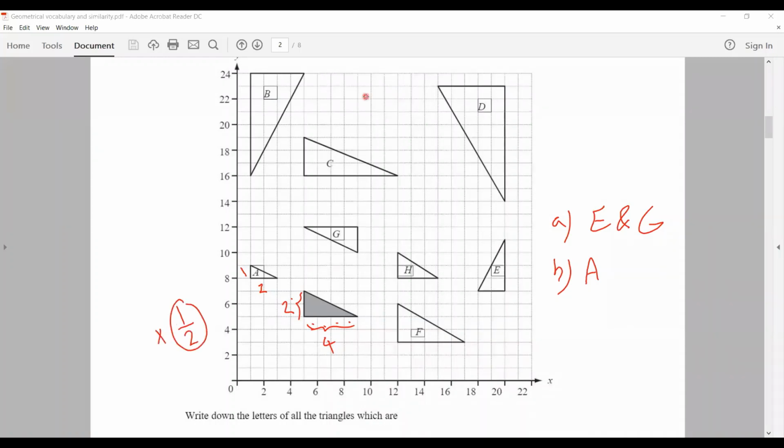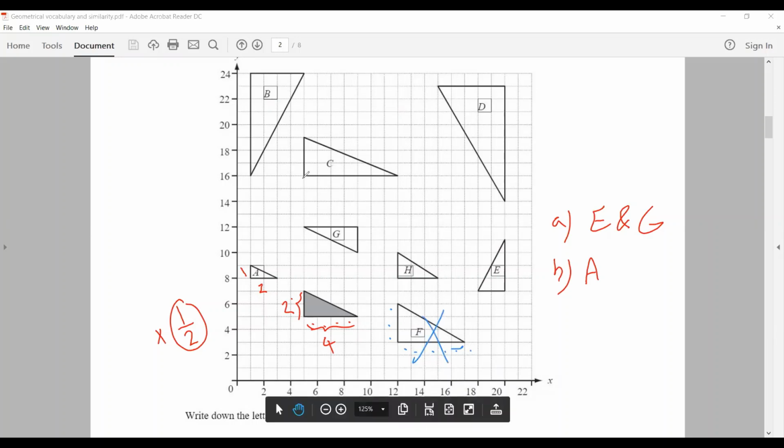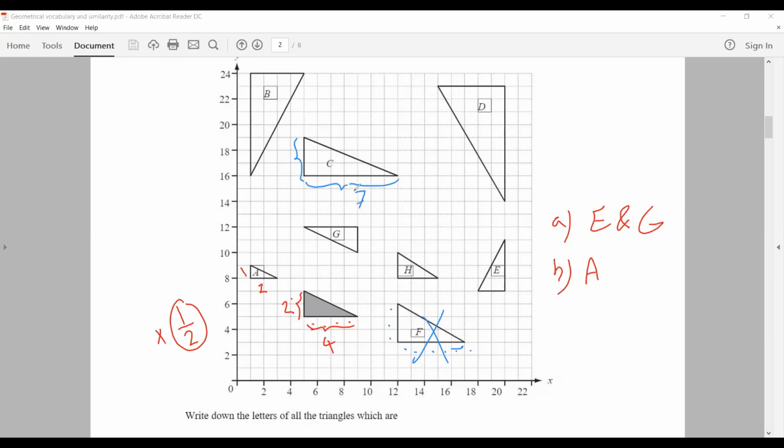What else? F is not, because this is 3, right? You're multiplying 2 by 1.5. That gives us 3. But if you multiply 4 by 1.5, that should give us 6, not 5. So F is not correct. How about C? This is 3. This is 7. No, it should be 6.